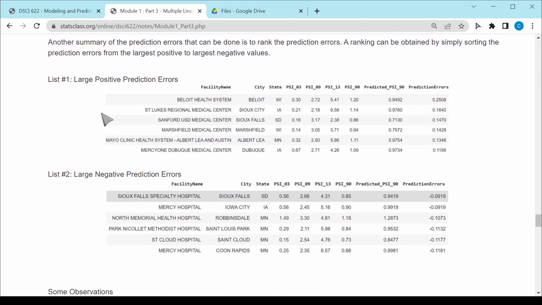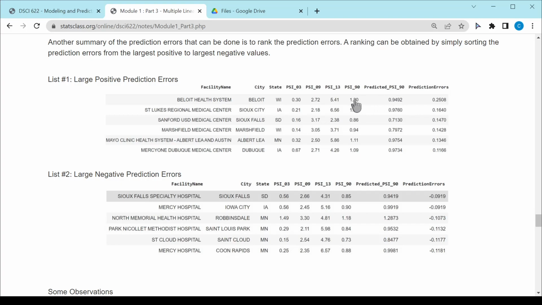I can rank, again, the prediction errors. So positive values would be bad here. For this particular hospital, their actual PSI 90 score was about 1.2. Given their information about PSI 03, 09, and 13, I would expect their PSI 90 to be about 0.95. Their actual was 1.2.